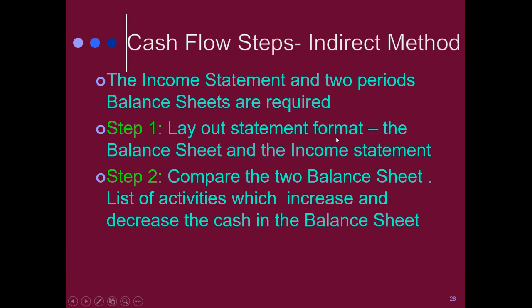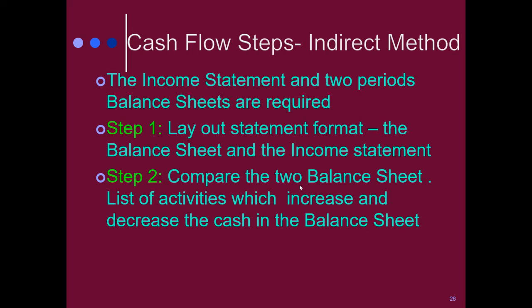Okay, so the first step starts with laying out the statement, the balance sheet and the income statements. Then compare the two balance sheets, the previous year and the current year. So you have to compare each account of the balance sheets, from current asset, long-term asset, current liability, long-term liability, and also the equity.